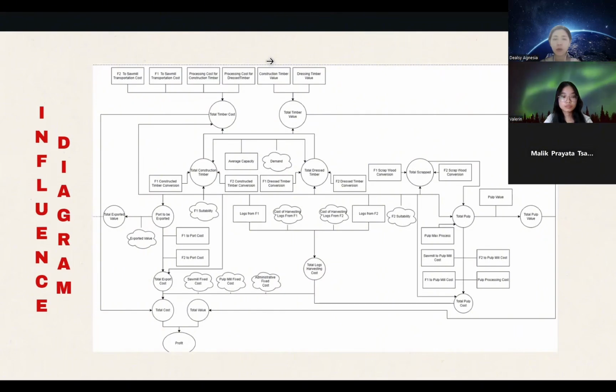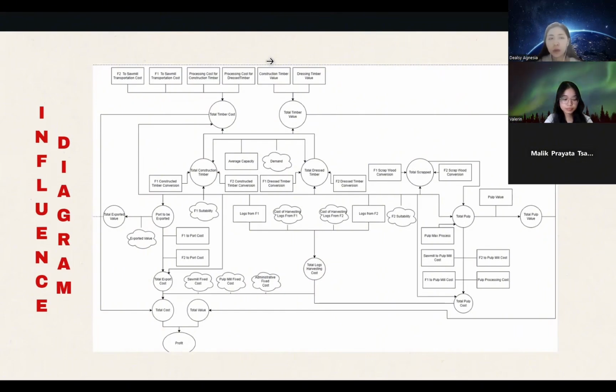Now, for the pulp mill, there are a few factors. For example, here there's the forest two and forest one to pulp mill cost, and there's also the scrap wood, which uses the sawmill to pulp mill cost, and also a processing cost. For the exported logs, the costs are the forest one to the port to be exported cost, which is from forest one and forest two.